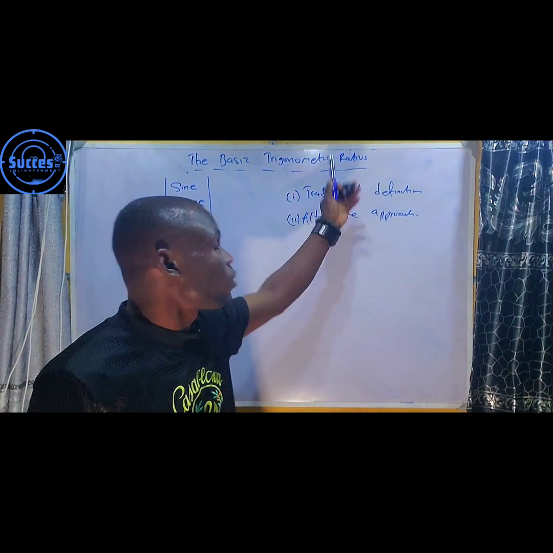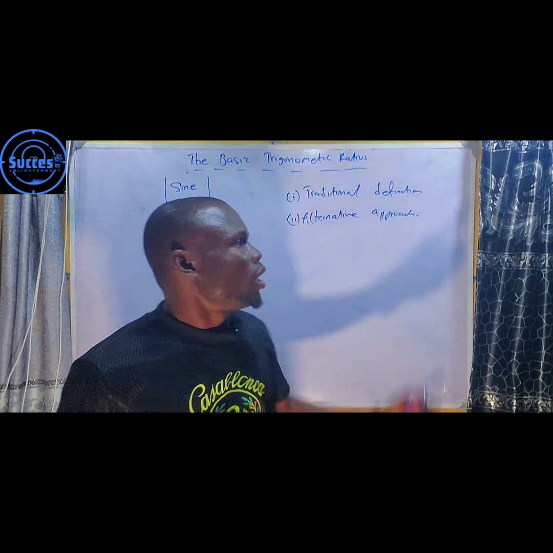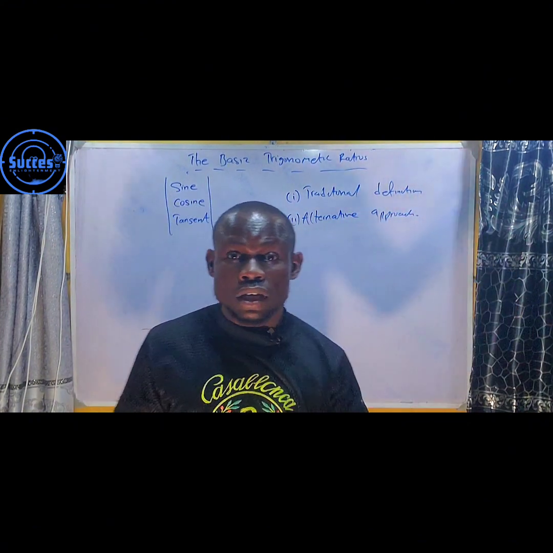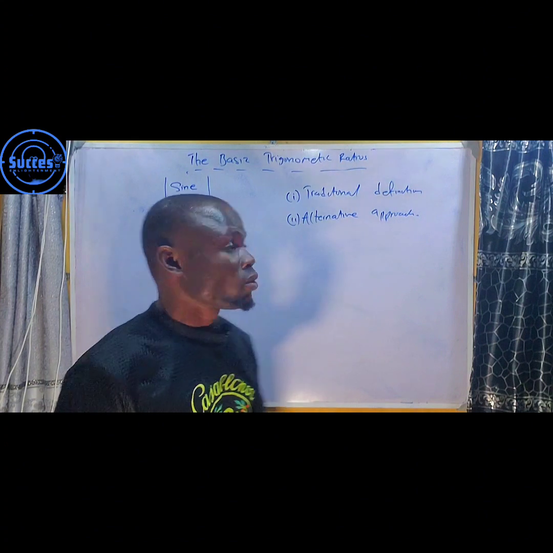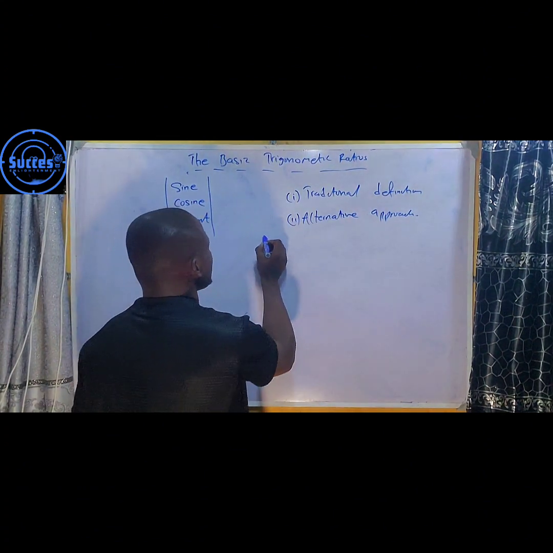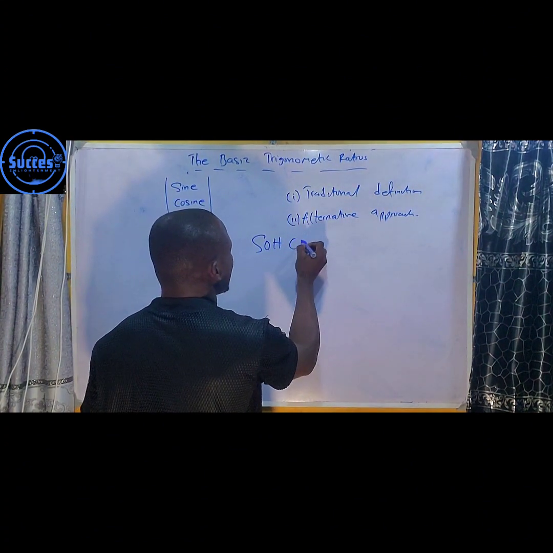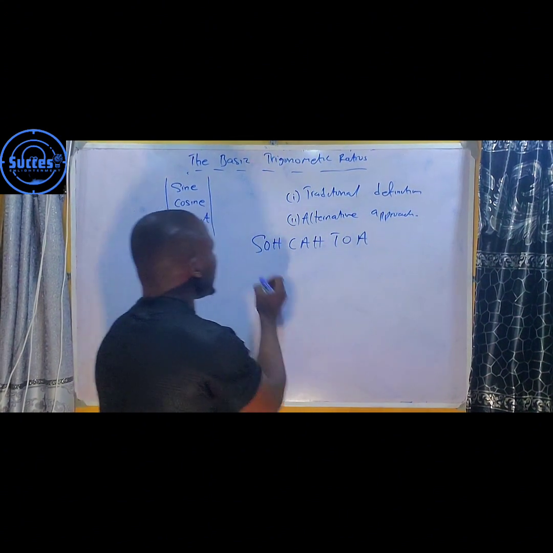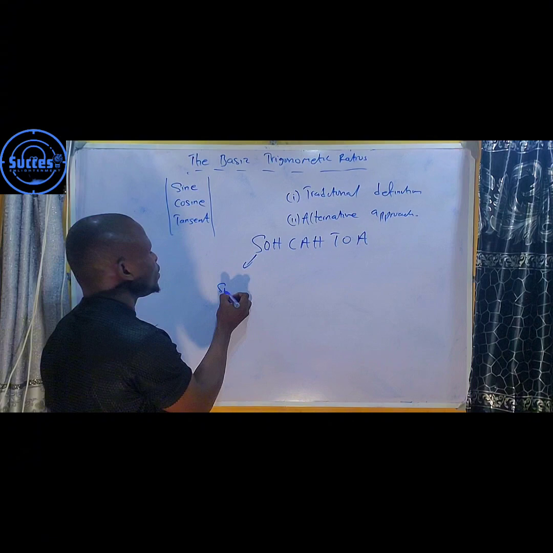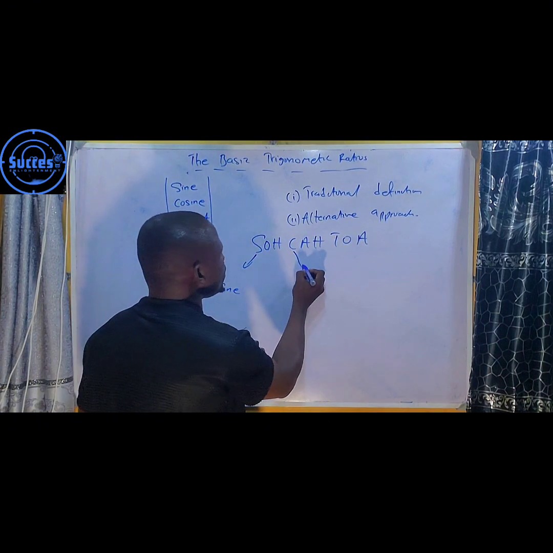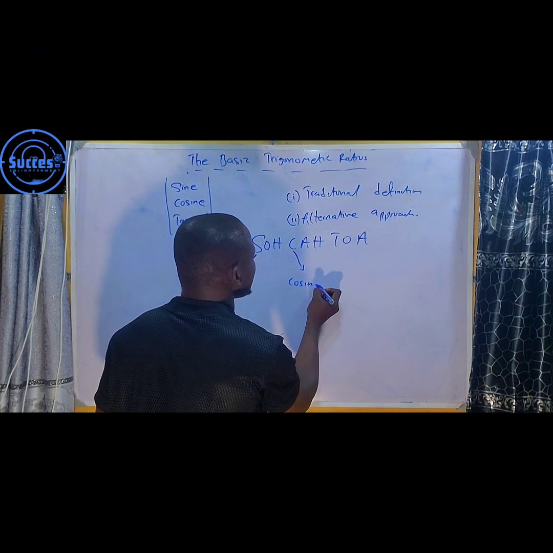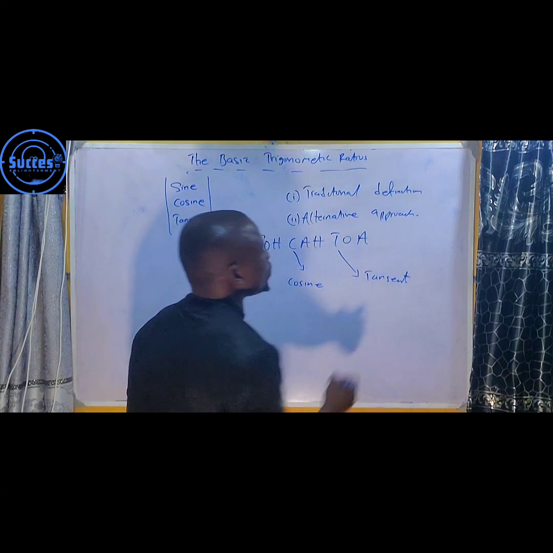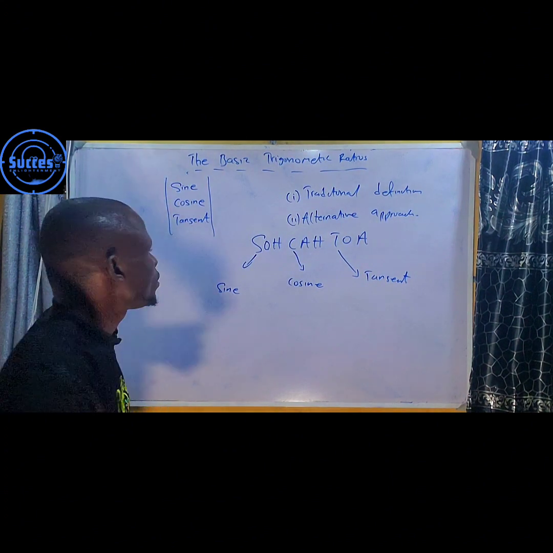From your basic understanding in secondary school, almost every one of you already knows the traditional definition. We are talking about what we popularly know as SOH CAH TOA, where S is sine, C is cosine, and T is tangent.